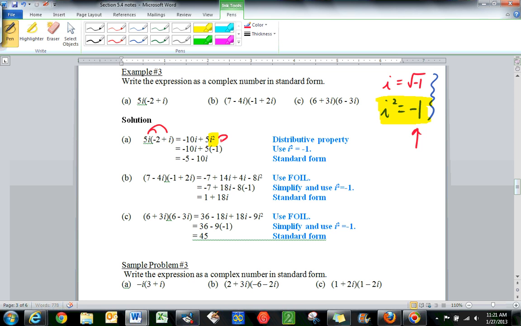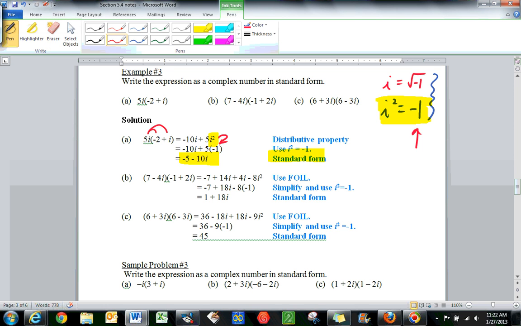So we actually need to replace i squared with the negative 1 value and continue our operations. And you see we get negative 10i and a negative 5, and of course we need to rearrange those values so that the final answer is written in standard form.